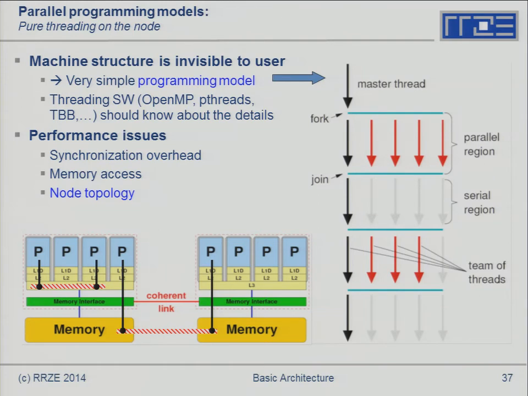Modern standard processors do not have any hardware facilities for synchronization. Everything is done in software. So if you have to synchronize all the 8 cores, it's a software thing. There's no wire or anything going through the machine, making it easy to synchronize those cores. It's all in software. And you will see that this makes a huge difference in terms of overhead, whether you have threads synchronizing on a shared cache or on separate caches.